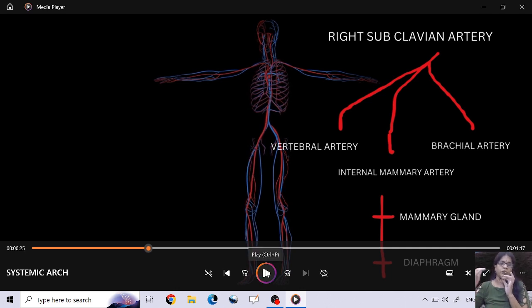I told you the systemic arch first comes out of the heart, dividing into coronary and carotid, and again into right and left subclavian. This right subclavian enters into the vertebral artery, which supplies blood to the vertebral column, and into the internal mammary artery.